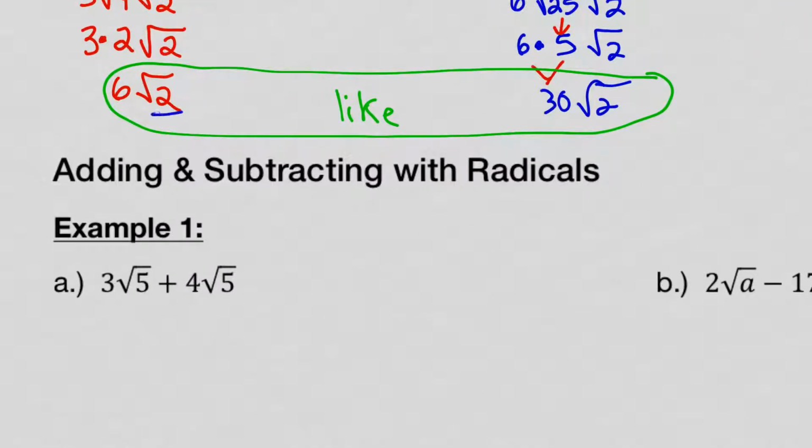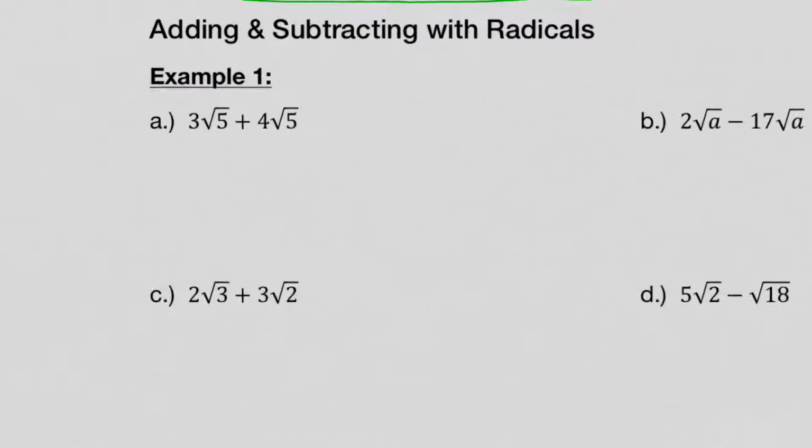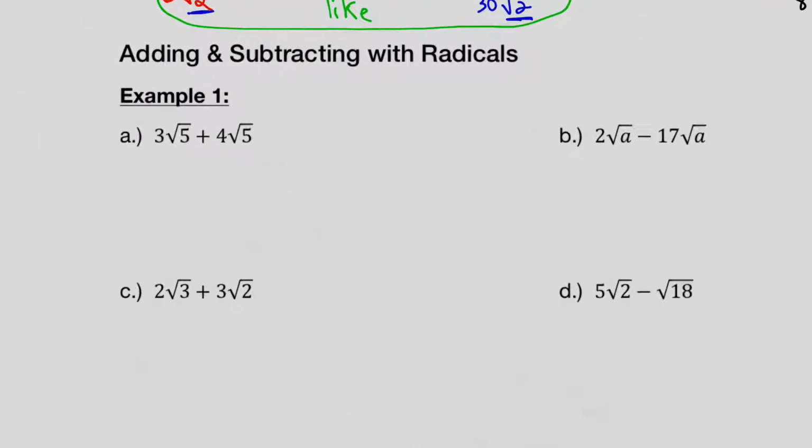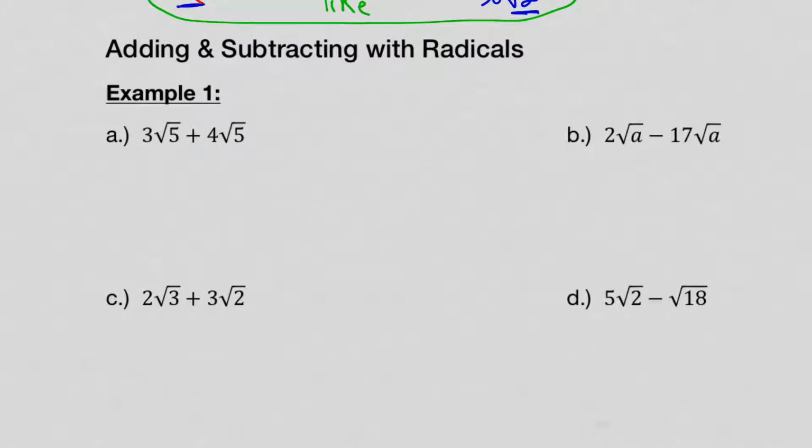These are like radicals because they're both square roots of 2. So if you look here, these are both alike because of the radical 5. So you can treat them like an x.